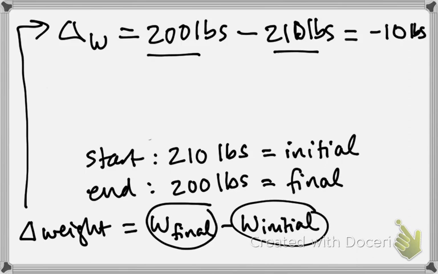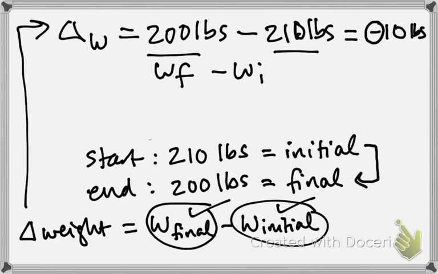But we consistently do this where we say the final minus the initial, because in this case, what happened to you? You started out at 210 pounds and you lost 10 pounds. So the way we say lost is with that negative sign. So we always set it up this way. We do the final minus the initial whenever we're looking for a change in something, because we're trying to say, how is the ending situation different from the beginning situation, right?